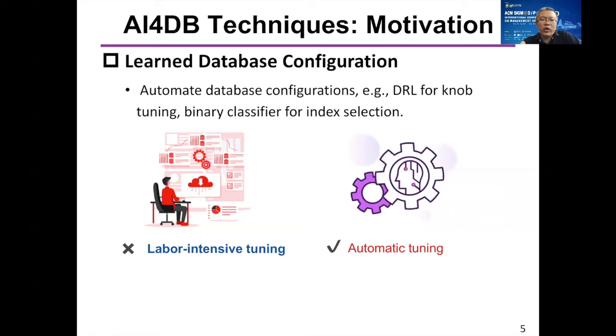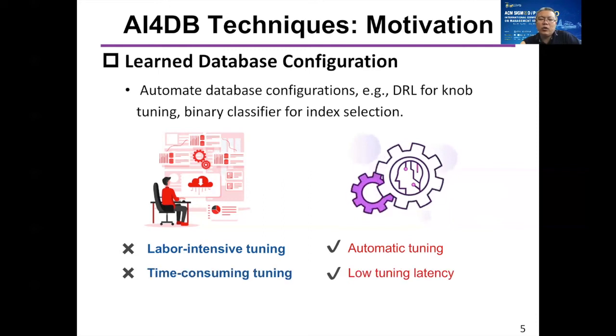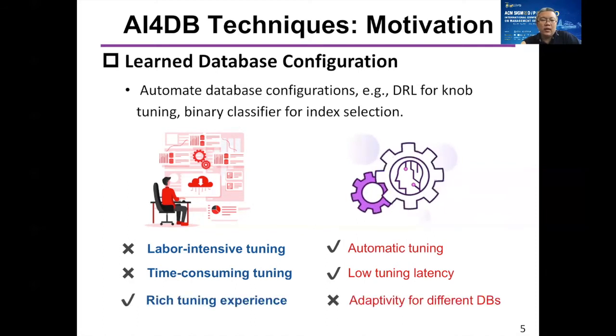However, traditional methods are very labor-intensive, relying on database administrators to tune the database. So it's very promising to apply automatic tuning methods. The second is that traditional tuning is very time-consuming. It usually takes weeks or days to tune the database. So we can utilize some learning-based techniques to reduce the tuning latency.